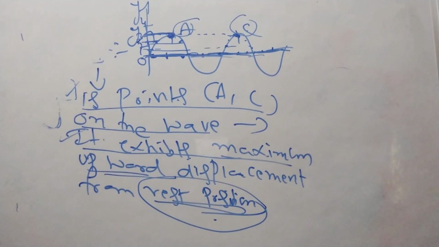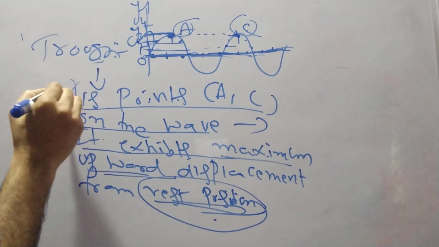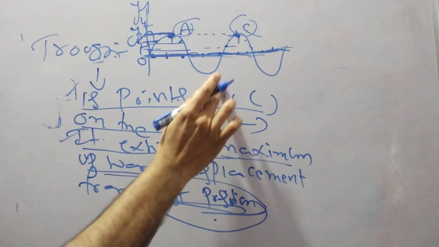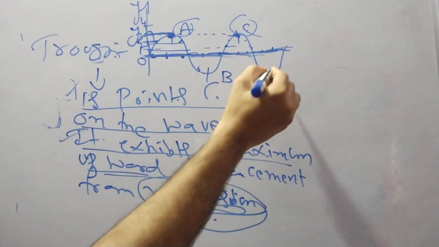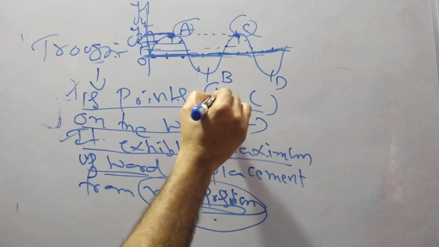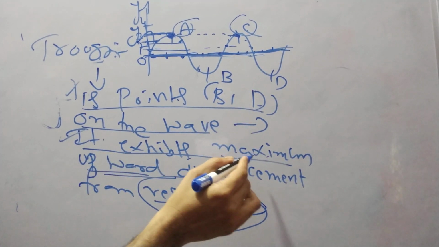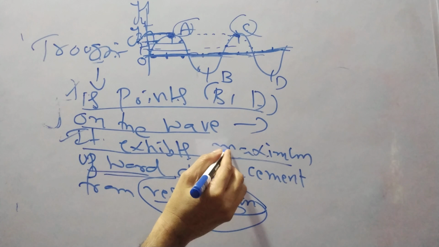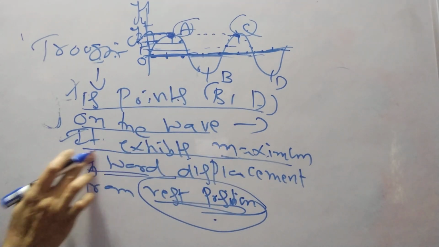Trough. A trough is the same, at points B and D. This is B, this point, and D. So B and D are the points on the wave which exhibit maximum displacement downward, not upward.